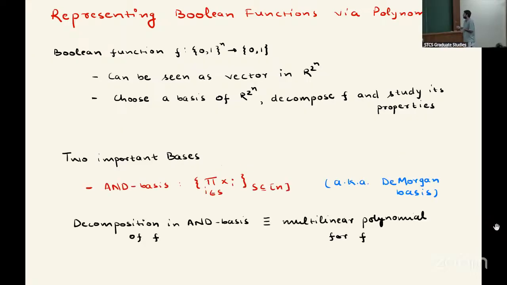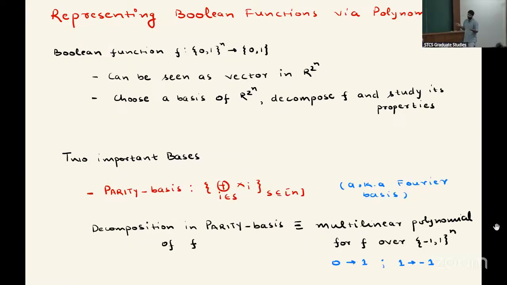The two important bases that people have studied in the literature are this AND basis, where your basis functions are these AND functions on subsets of variables, also known as the De Morgan basis. And as you can see, decomposition in this basis will correspond to writing the multilinear polynomial for your Boolean function, right?